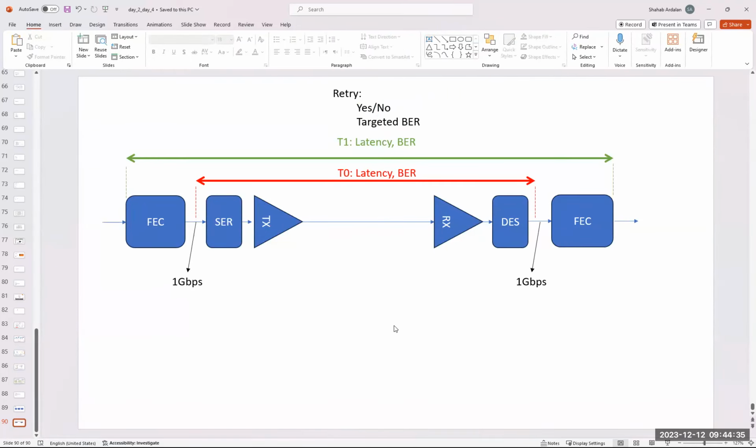But by itself, it doesn't give you any improvement in bit error rate unless you do a retry, because CRC is just determining that you have an error. It's the retry that helps improve it. I think the delay of the CRC, because it's a very light logic, is negligible in terms of the entire latency of T1 that retry is supposed to do.